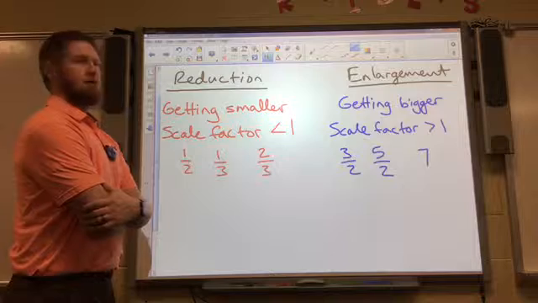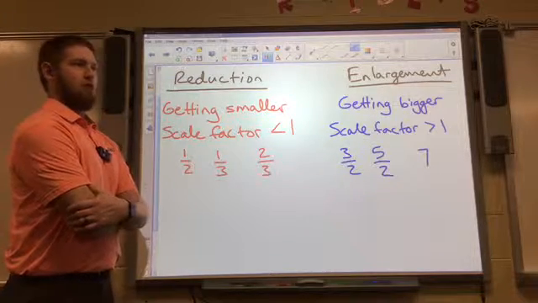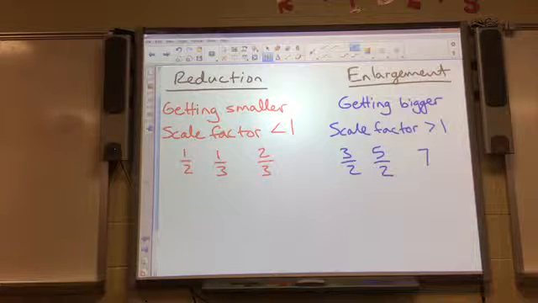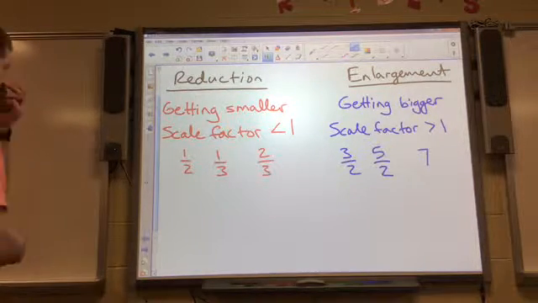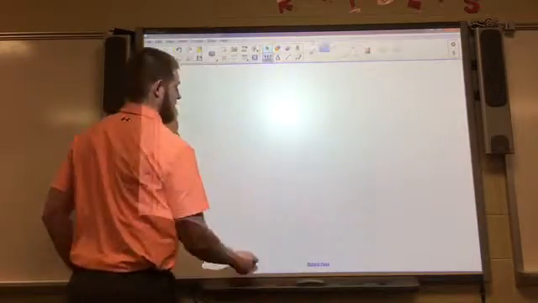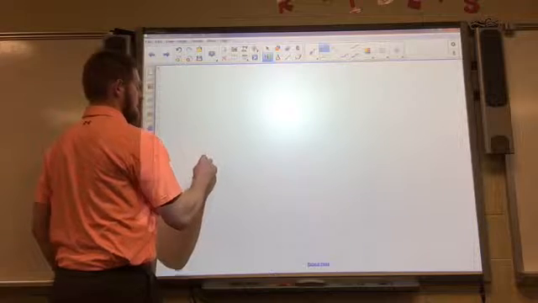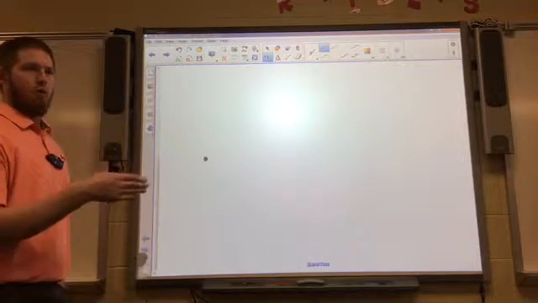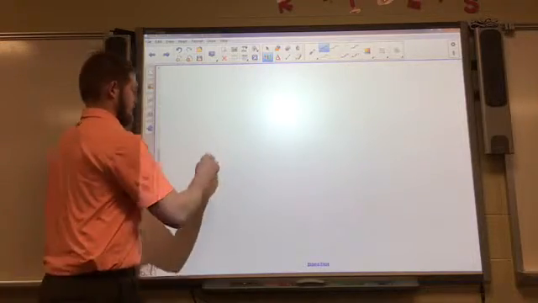Okay, so those would all be scale factors which are larger than 1, which would make things bigger, right? Now, what I do want to be very careful of, when you're doing dilations, you're always going to have a center point. Just like when we did rotations, you got to have a point that you're starting with, and you're basing everything off of.